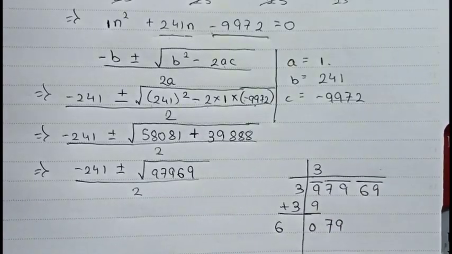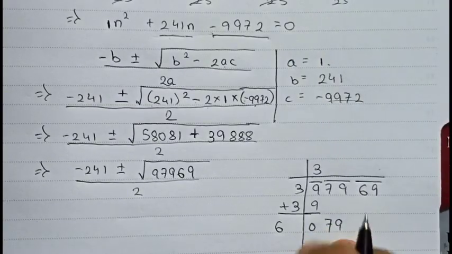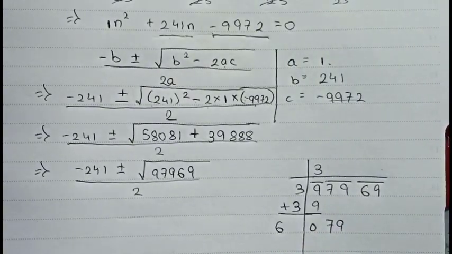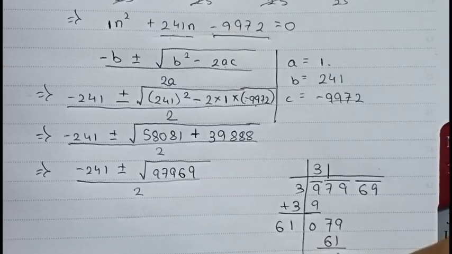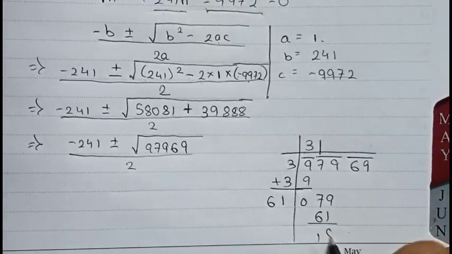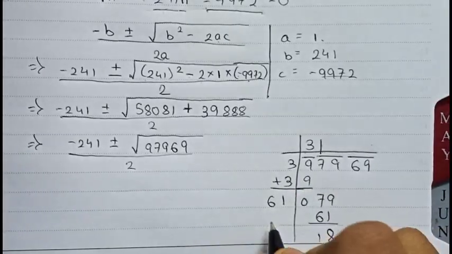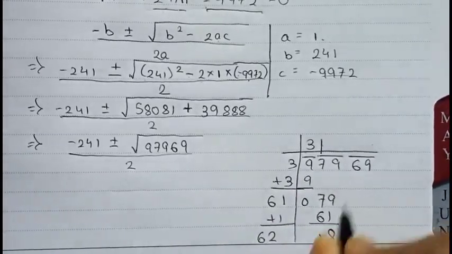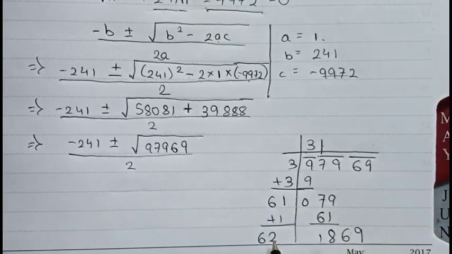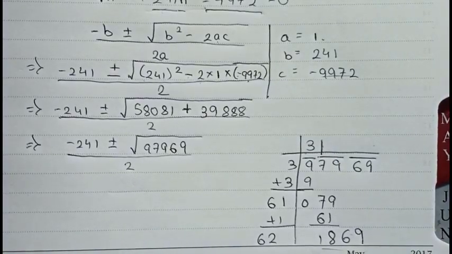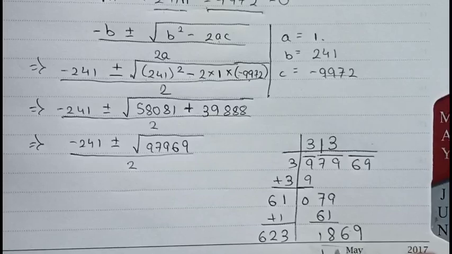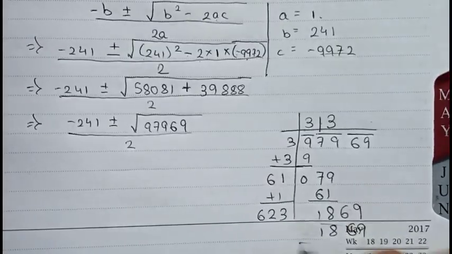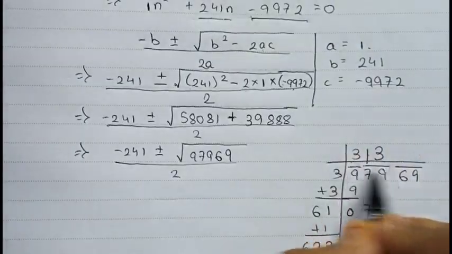Now after 6 you have to think of such a number that multiplying directly with it will be less than or equal to 79, so you get 1, 61 times 1 is 61, so it becomes 18 here. So now plus 1 here, so it becomes 62, and here 69 comes down. Now I have to think of such a number that after 62 you will get this number. So it is 3. So 623 multiplied by 3, we will get 1869. So the root we got is 313.